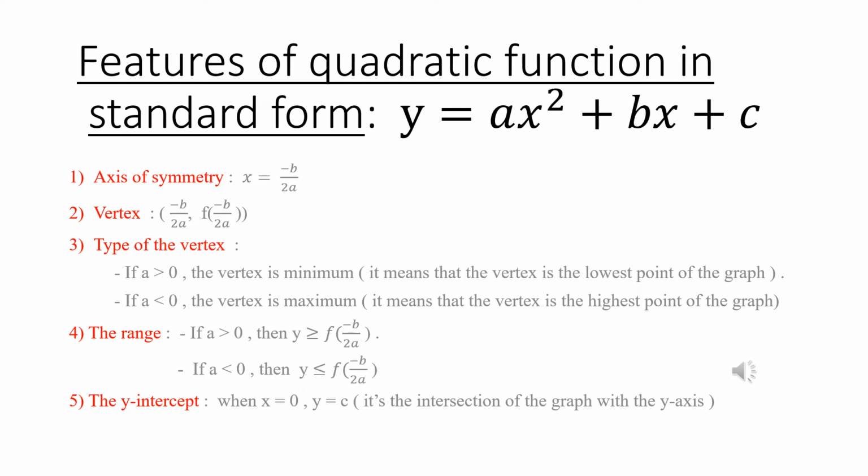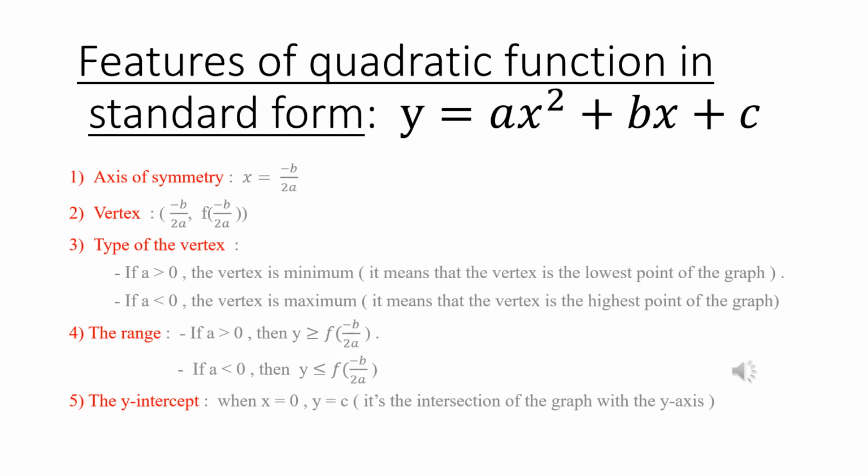That's why the range of this function is defined by y greater than or equal to f of minus b over 2a. When a is negative, then we have a maximum point and the graph opens downward. So the range is defined by y smaller than or equal to f of minus b over 2a.